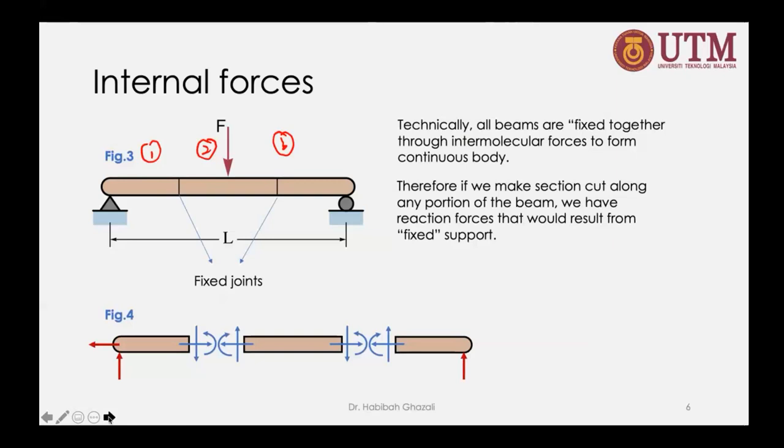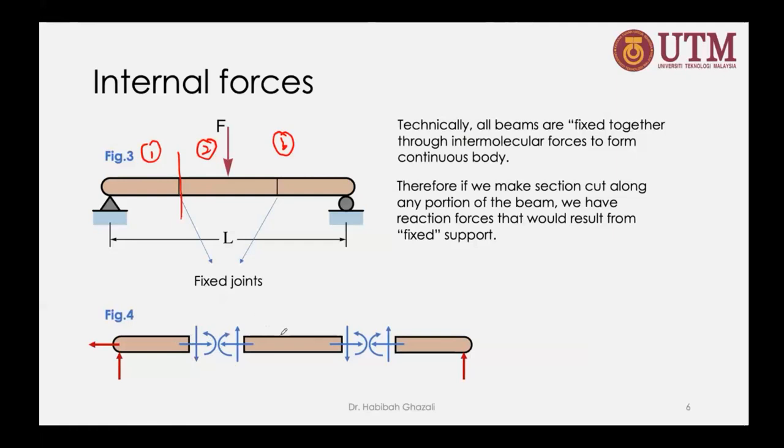So it will resist both motions. So if we do the method of section and we section it to this part here and reveal the reaction support, there must be a force resisting in the X direction, the Y direction, and also the rotational motion as well.